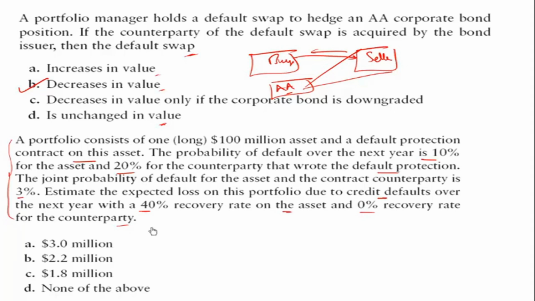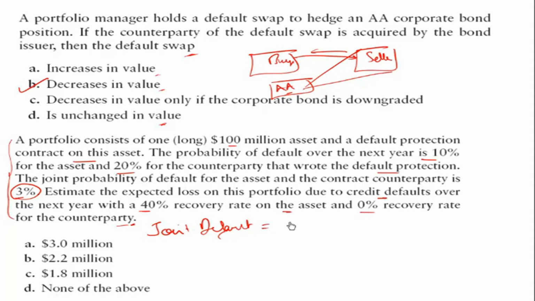Now please note that credit loss will only happen in case there is a joint default. So the probability of a joint default is 3%. The rest of the time there is no chance of a loss, because if the counterparty otherwise defaults, it's not a problem. The problem is only if the reference asset also defaults and the counterparty also defaults.